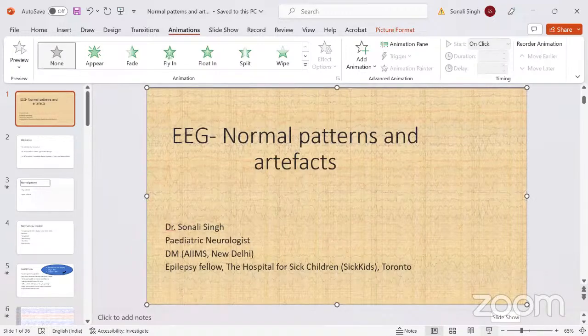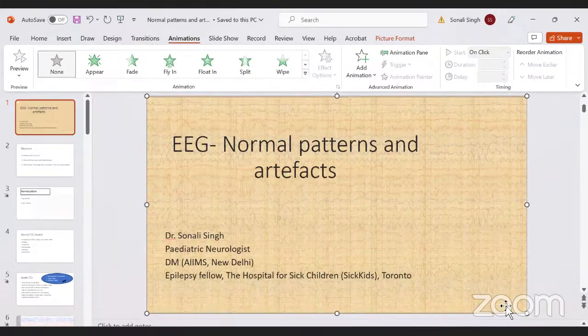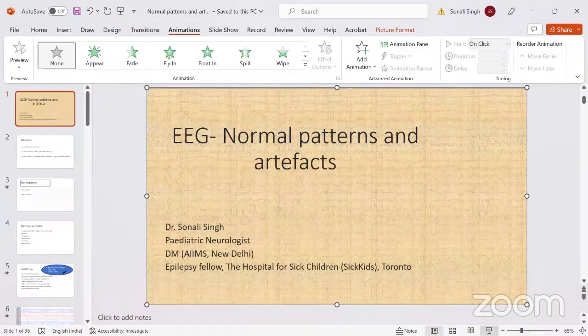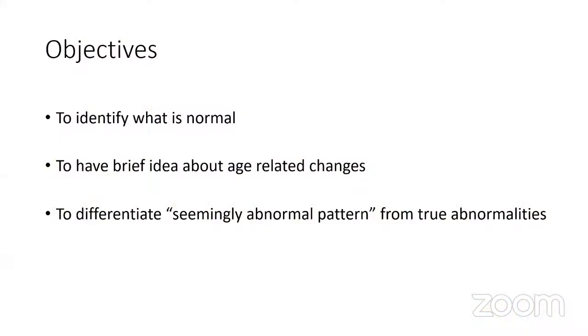Now, the topic that I'm going to cover is EEG normal patterns and artifacts. So let's begin by saying, what do we pick up on EEG? EEG picks up the brain activity, but it also picks up at the same time activities which are external to brain. Now, the activities which are produced by brain and picked up on EEG can be of three types.